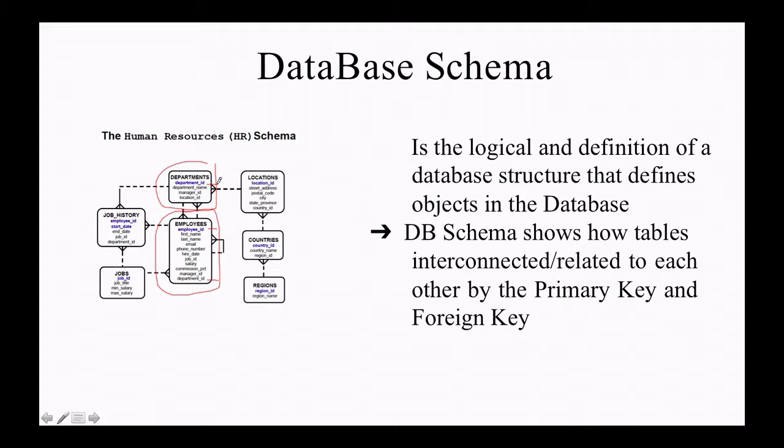Department ID within the employees table can be used inside the departments table. So if you're looking for an employee's department ID and you want more detail about the department, you can search for the employee, get the department ID from there, and plug it into the departments table, and you can get the name and so on about the department.